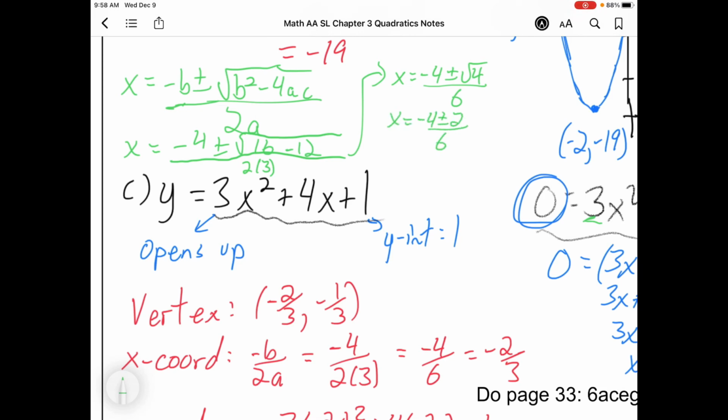So even if you struggle with factoring, this is still absolutely doable. Hey? The quadratic formula saves you from that pain. So negative 4 plus 2 would be negative 2 over 6, or negative 1/3. If I did the minus, let's call this x2, negative 4 minus 2 over 6, negative 6 over 6, or negative 1.